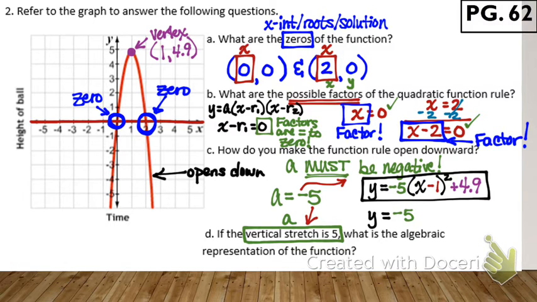X minus 2 and x. So I have x and I have x minus 2. If you want to put this one x inside parentheses, because we always put factors inside parentheses, that is totally fine. So that would be another representation of the exact same parabola.